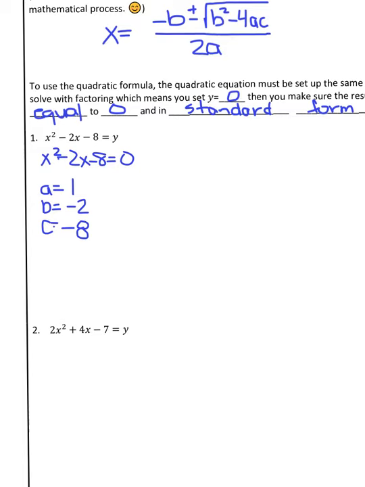So then we go over and we just plug in to the equation. Just like when we were doing the vertex, I will plug in, put the numbers in parentheses, and not do any math until I write the whole problem out first. So I'm going to have x equals, it's negative b, so it's negative 2 plus or minus the square root of negative 2 squared, so put that negative 2 in parentheses, minus 4 times parentheses 1 times parentheses negative 8.